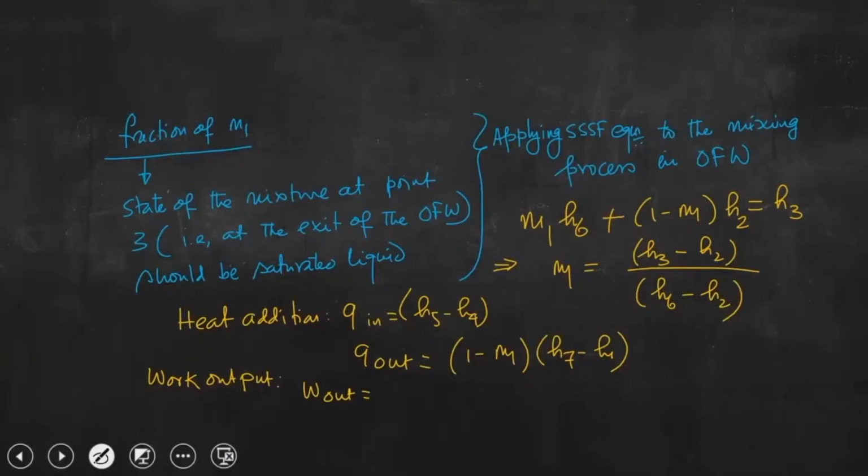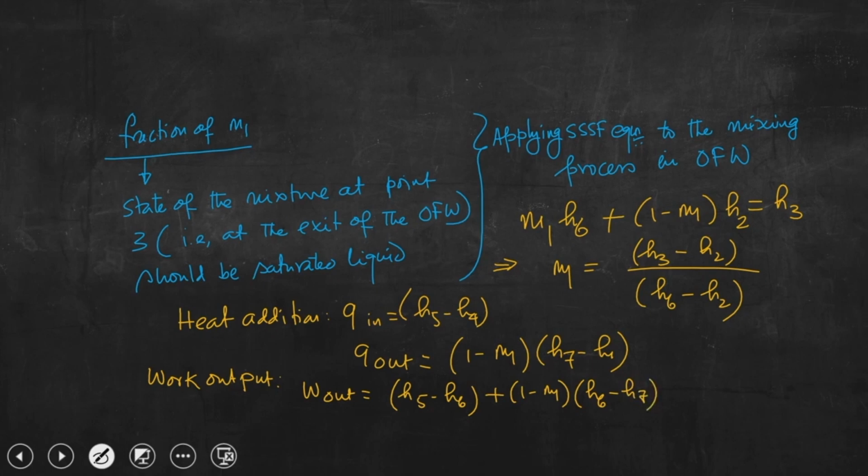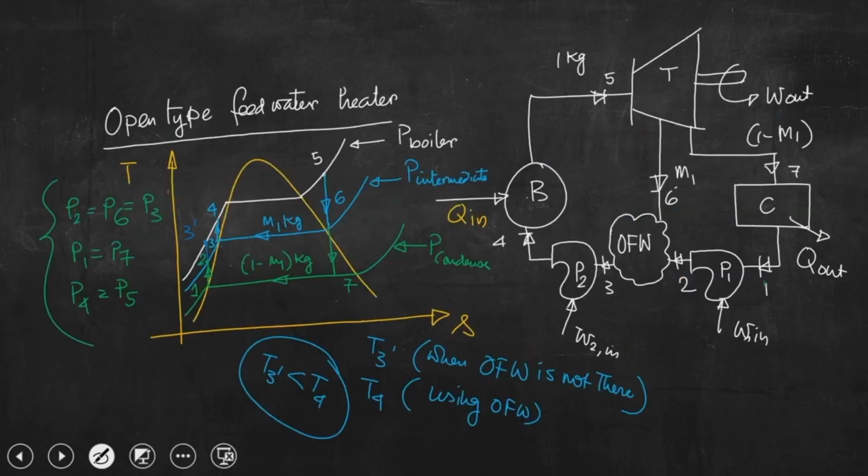That is very important. We can write that W out is (H5 minus H6) into 1 plus (1 minus M1) into (H6 minus H7), right? And the remaining is W in, that is, the pump work.